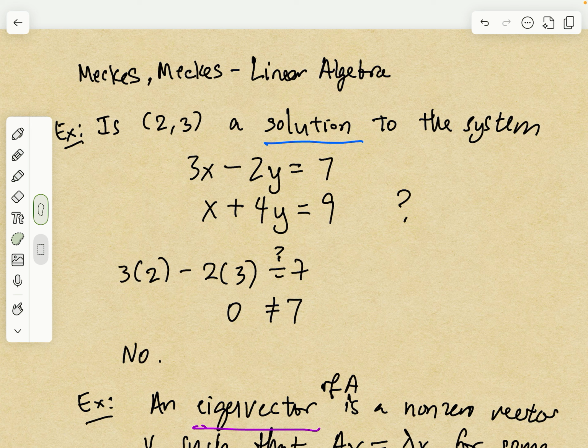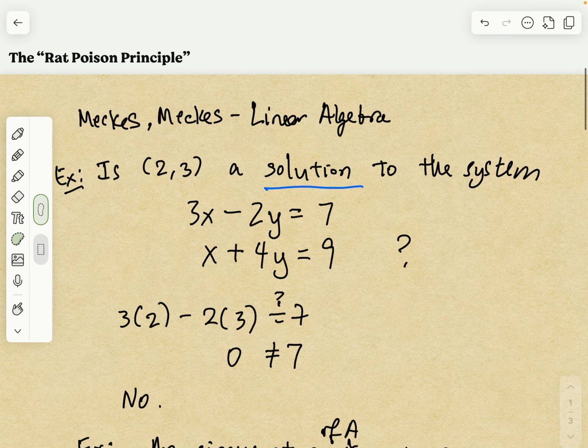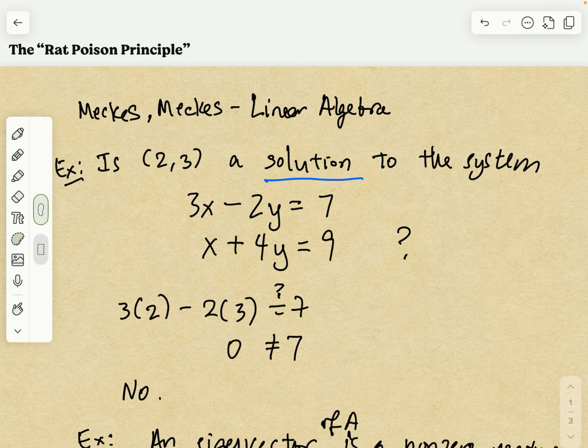They will tell you the technical definition of an eigenvector, technical definition of a linear transformation, technical definition of invertible matrix, diagonalizable, all these things. They have these things memorized. So you should memorize them too. Okay, and that's what Mex and Mex were trying to explain when they made up this rat poison principle.